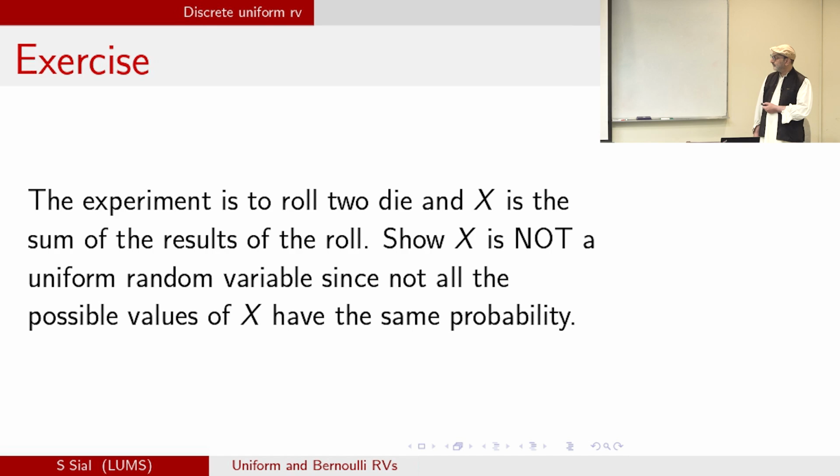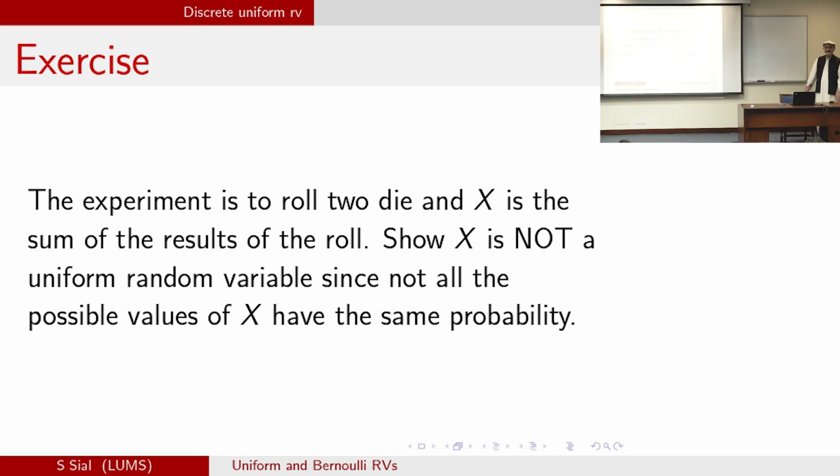All right, now roll 2 dice, and x is the sum of the results of the roll. So what values can x take? The integers 2 through 12. Why is x not a discrete uniform random variable?